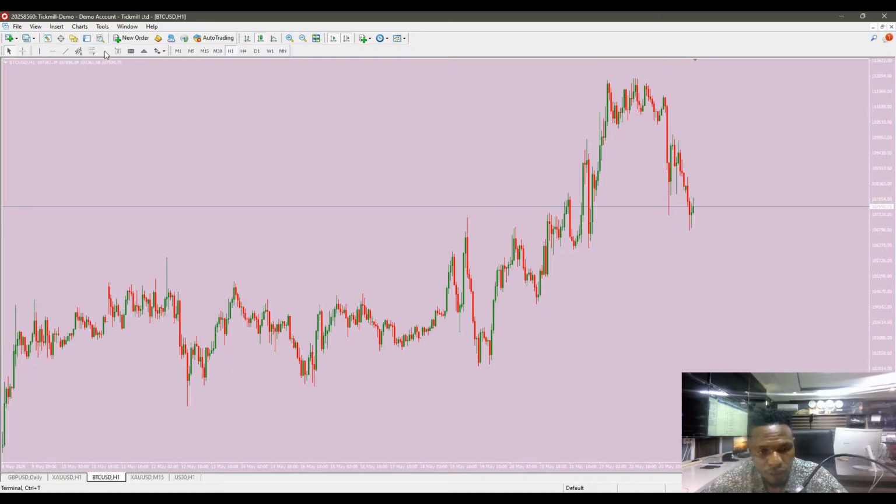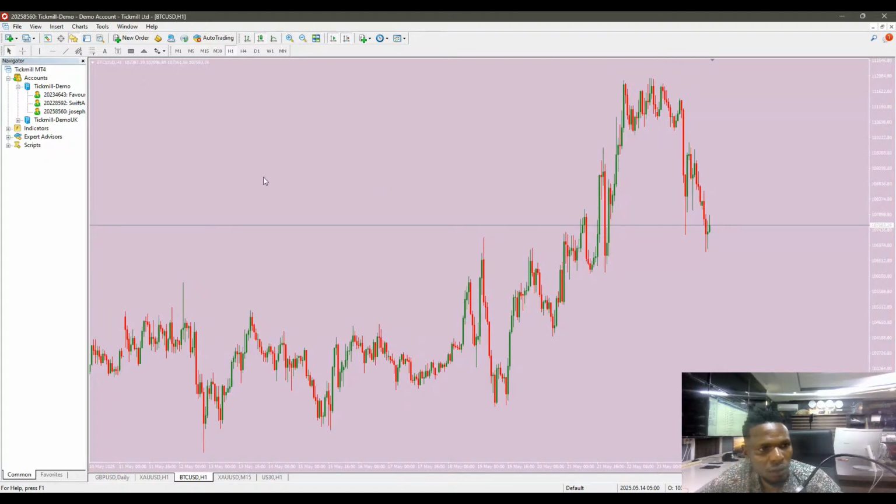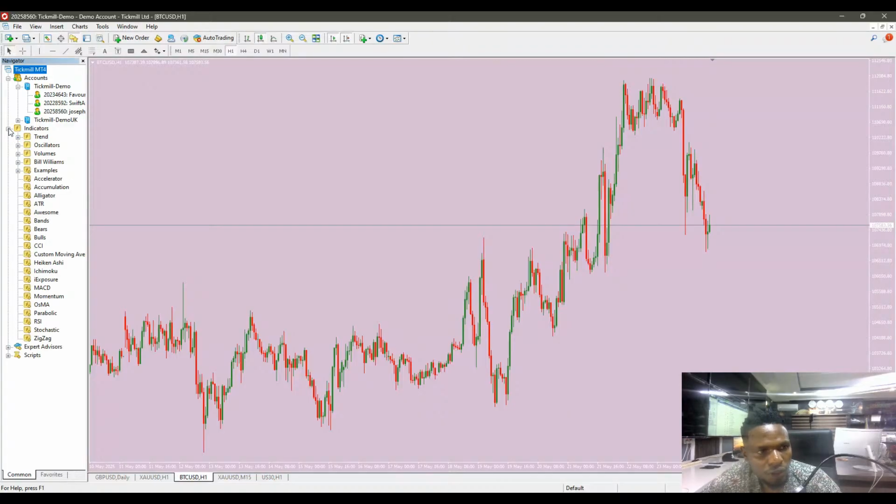Let's talk about indicators. To see them on the chart, you press Control N. You will see indicators. You click on indicator.